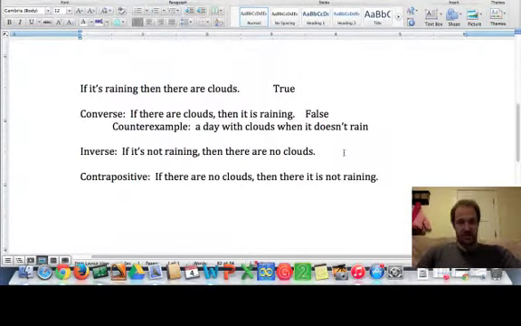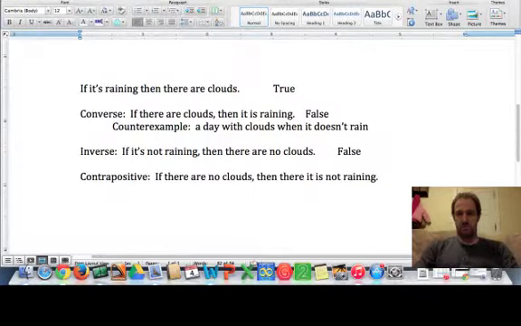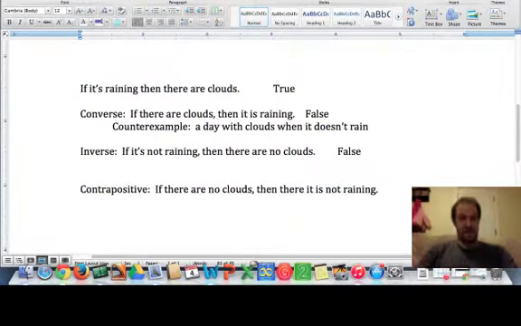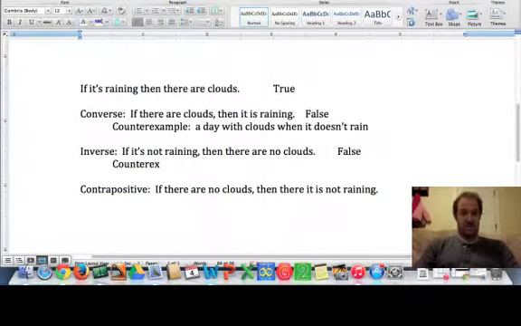So let's look at this next one. If it's not raining, then there are no clouds. Let's see. We have to think of all the days that you can think of when it's not raining. That's all we know about it. It's not raining. Can we say that on every one of those days there are no clouds? I don't think so. I think that's false. So if it's false, that means we have to have a counterexample.